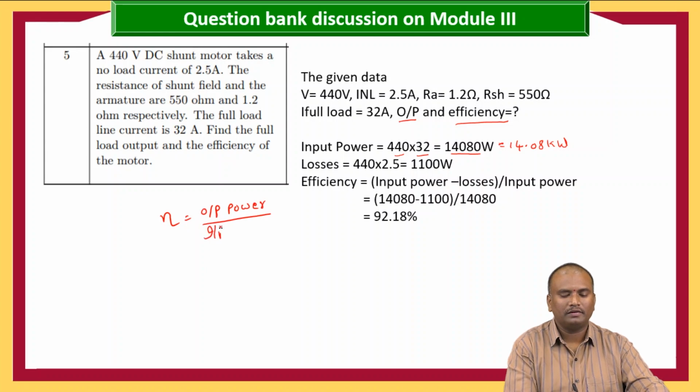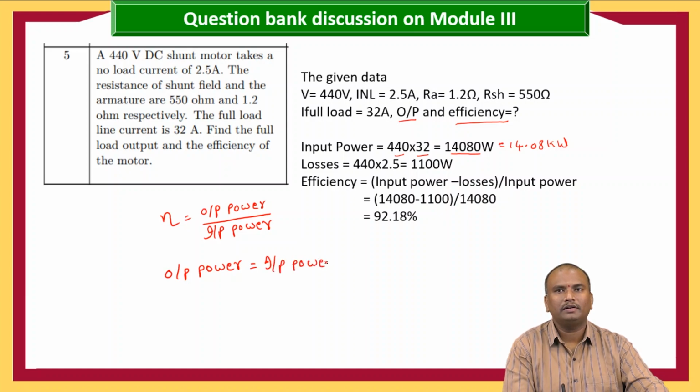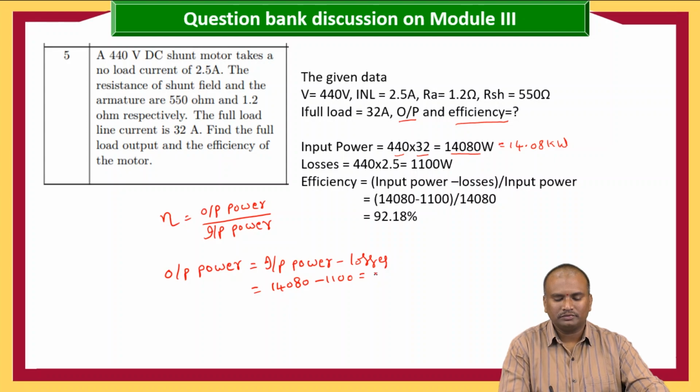Here output power is equal to input power minus losses, which is equal to 14,080 minus 1100, which is equal to 12,980 watts.